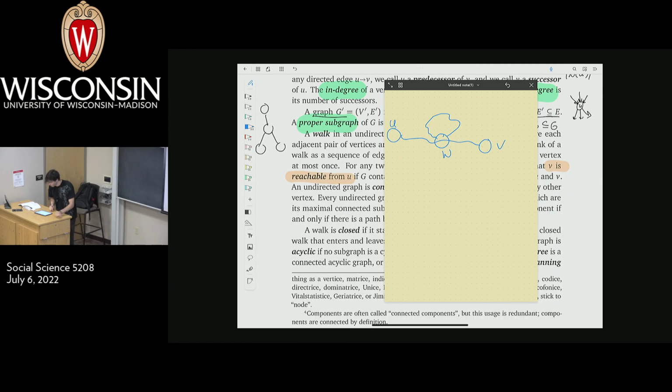So notice that this walk from U to V that takes this detour in W, well, we can just kill the detour, right? We kill that detour, and then this blue path that just skips the detour is shorter length than the original UV walk.